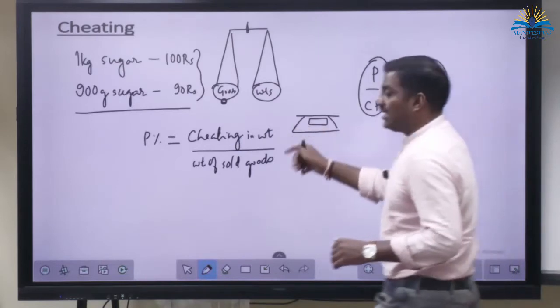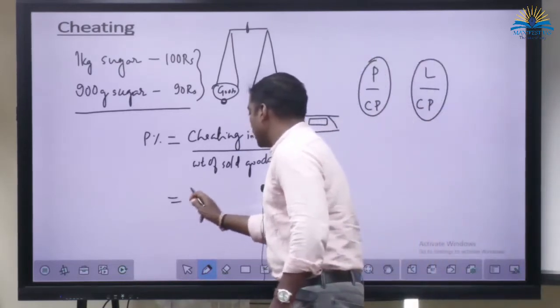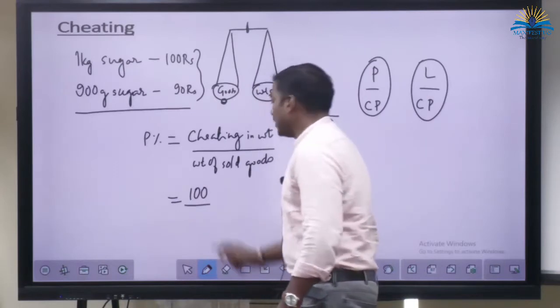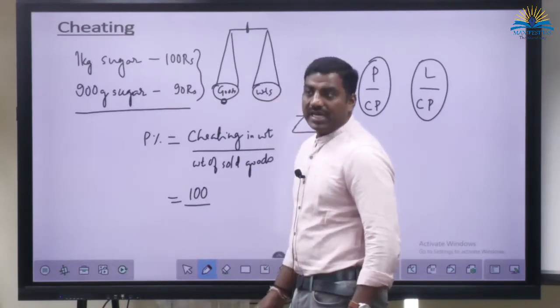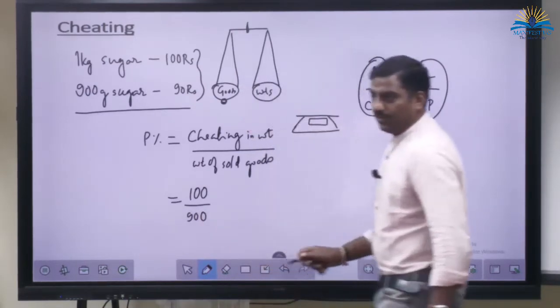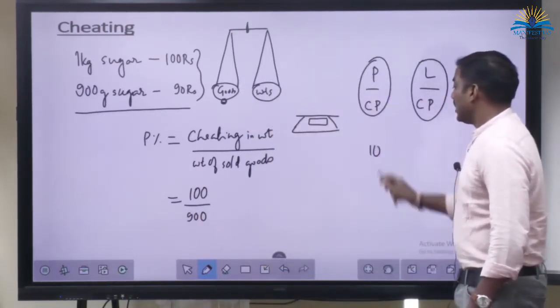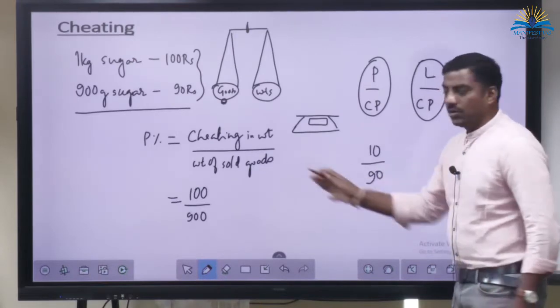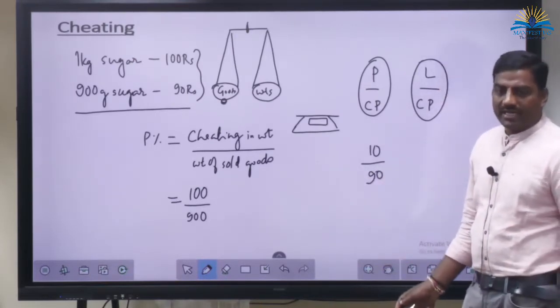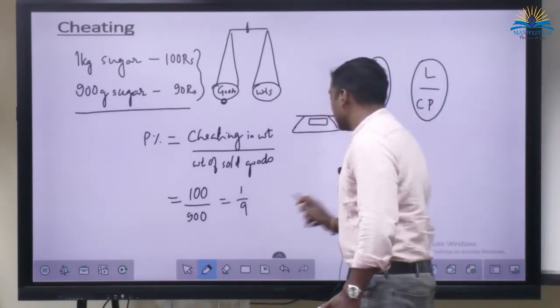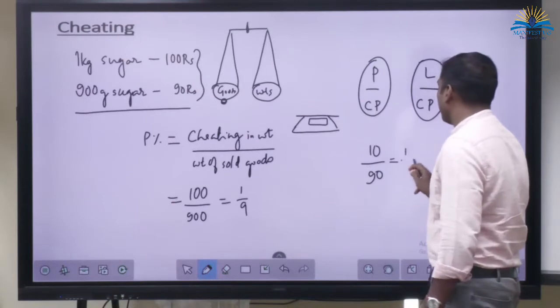So here weight cheating is done for 100 grams, and the weight of the goods that he has really sold is 900 grams. Or simply, he is making 10 rupees profit on the investment of 90; both are the same, no? 100 by 900 or 10 by 90. So this is equal to 1 by 9.